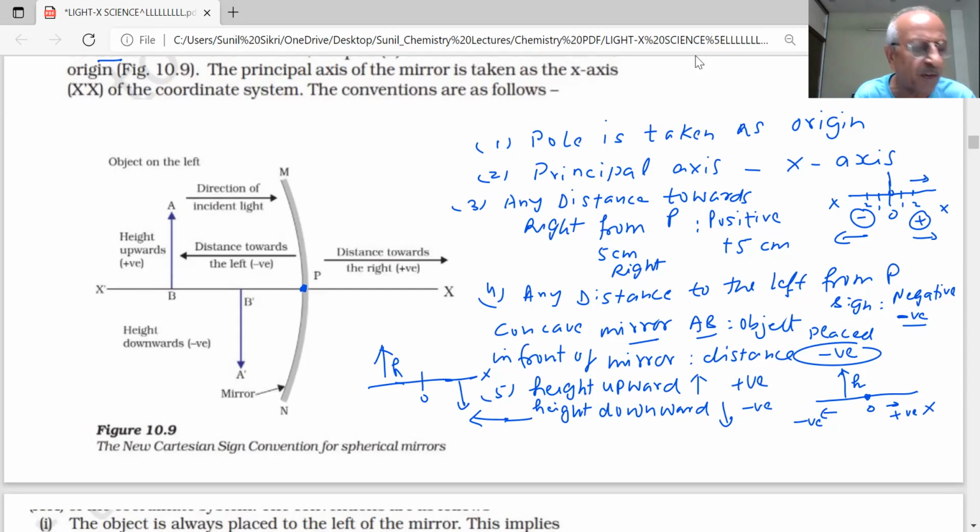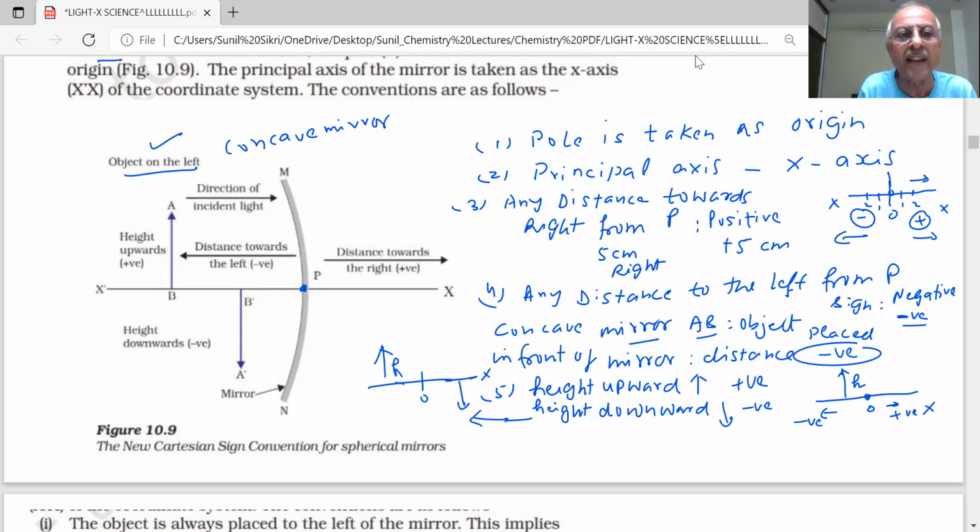We will be giving the mirror formula and solving questions on that. First, you convince yourself that the direction of the incident light is this side. Why? Because this is my concave mirror, and the object is placed in front of the concave mirror. It's always on the left for a concave mirror. And the light is going in this direction. When we move in this direction, positive. When we move opposite to this direction, negative.